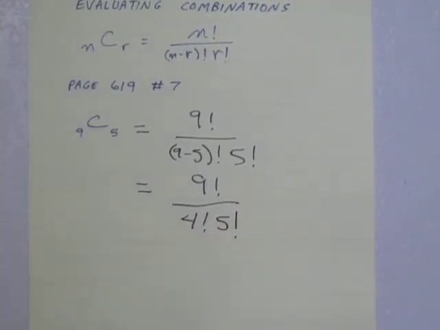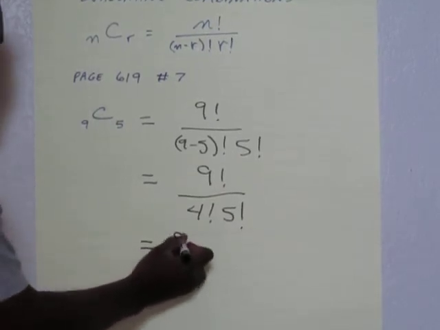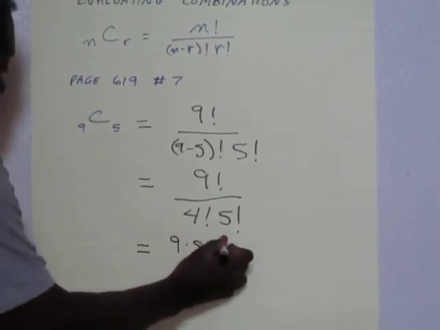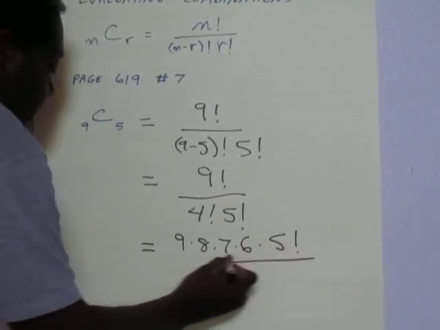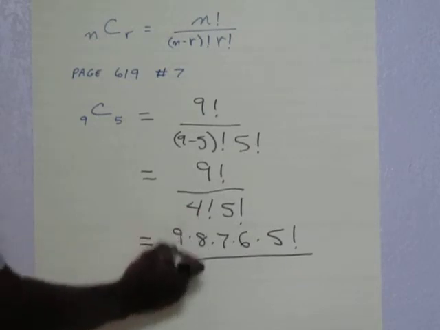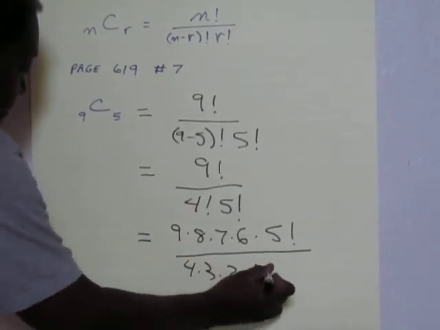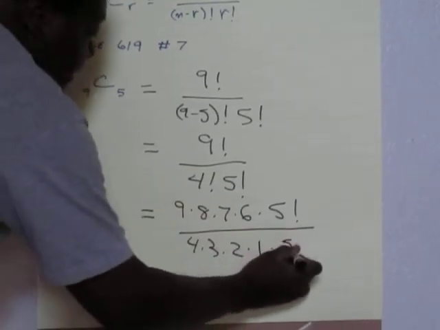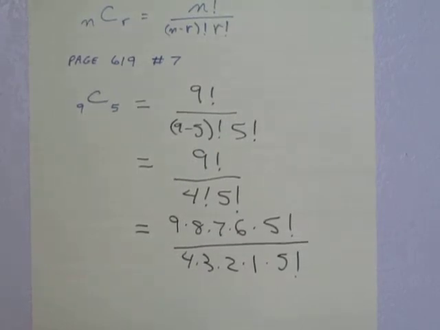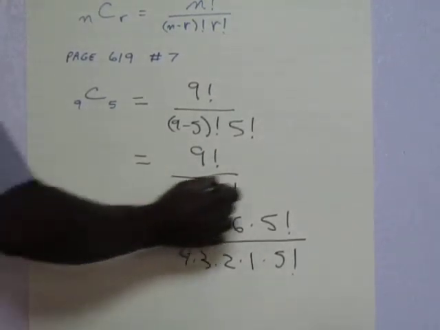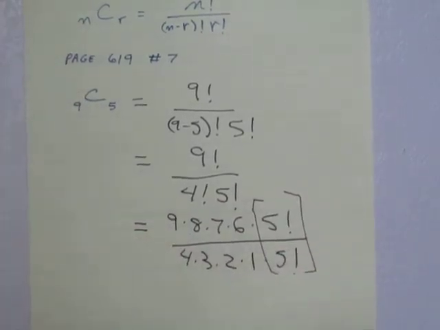5 factorial. Now if we expand this a bit, we're going to have 9 times 8 times 7 times 6 times 5 factorial over 4 factorial, which is 4 times 3 times 2 times 1, times 5 factorial. Quite a lot of this will cancel out. Notably, the 5 factorials immediately cancel out.